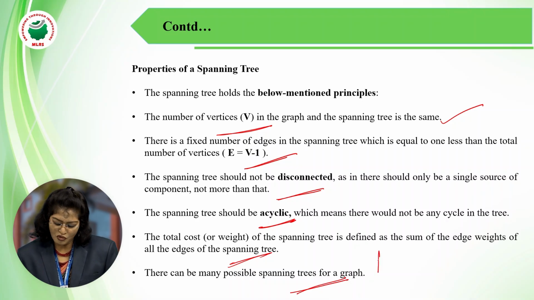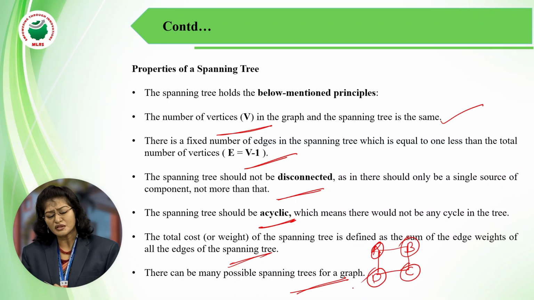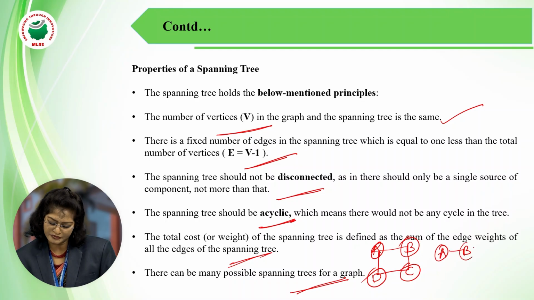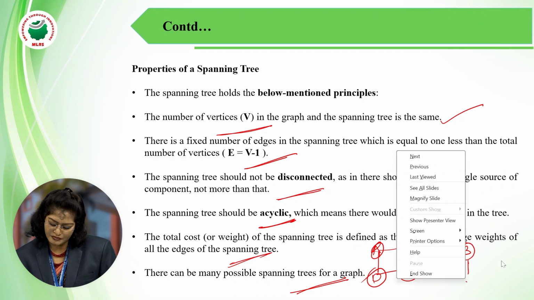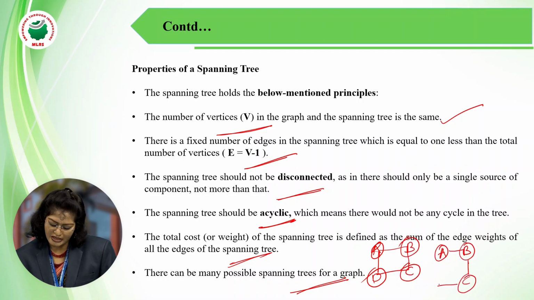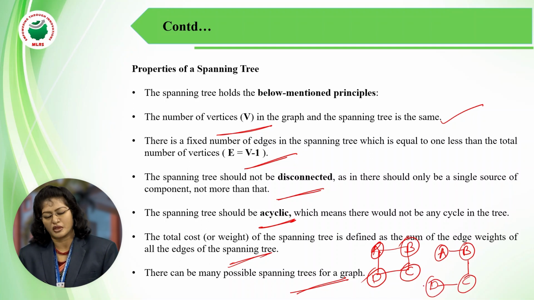For example, we have node A, node B, node C, and node D. These are 4 connected vertices. Here we first connect A to B, and next B to C. This is one possible way.